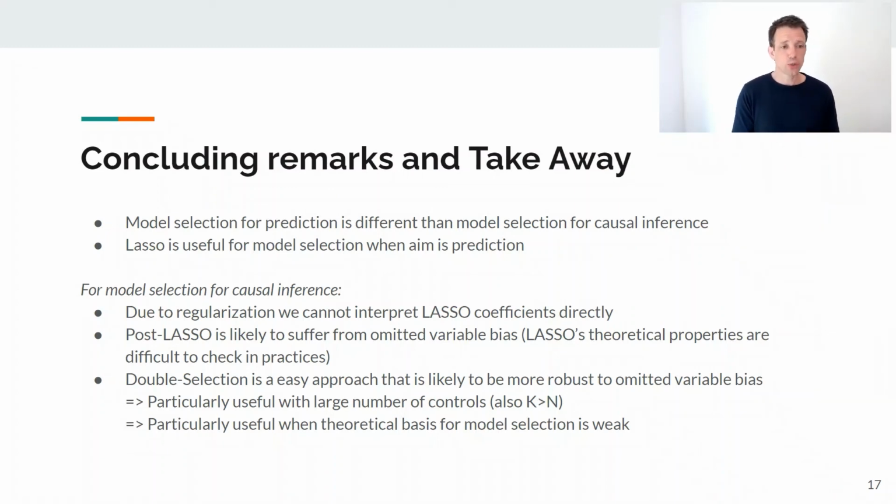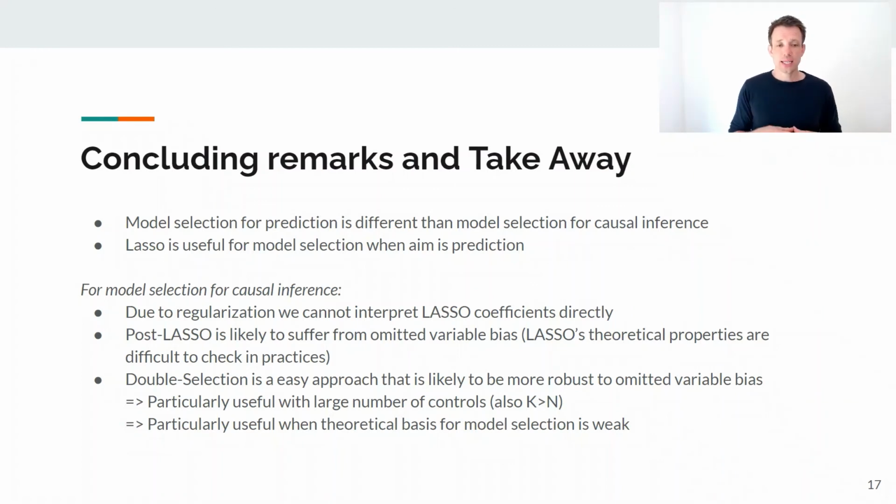However, if you are doing model selection in a causal inference setting, you need to be more careful. First, due to the regularization, you cannot interpret the Lasso coefficients directly. You have seen how to solve that, and that is Post-Lasso. It is theoretically very attractive and technically easy to implement.